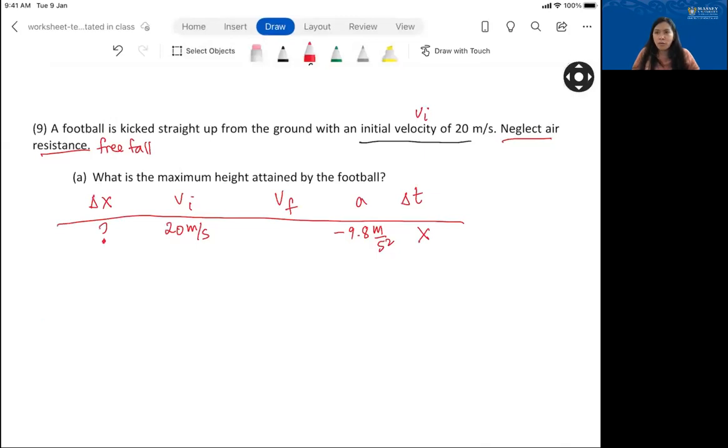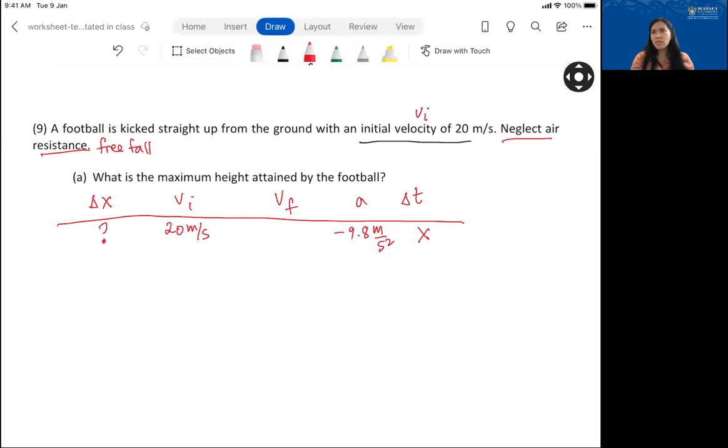How about VF? Do we know VF, or is there a way of finding what VF is? Because otherwise we only know two things, VI and A. And whenever you're using kinematic equations, you need to know at least three things. So can we know what VF is?